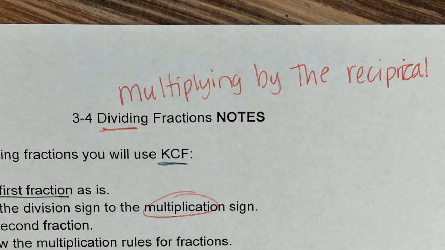I want you to know the real language. We call it KCF, but I want you to know that means multiply by the reciprocal. So we're going to do exactly what we did yesterday, but we're going to keep, change, flip first.